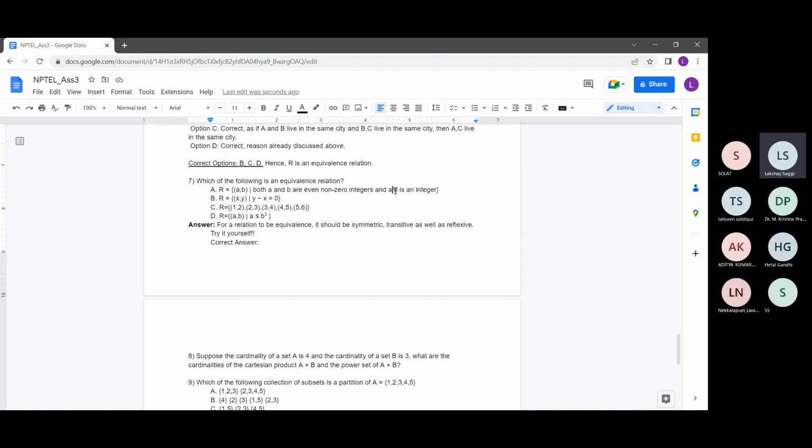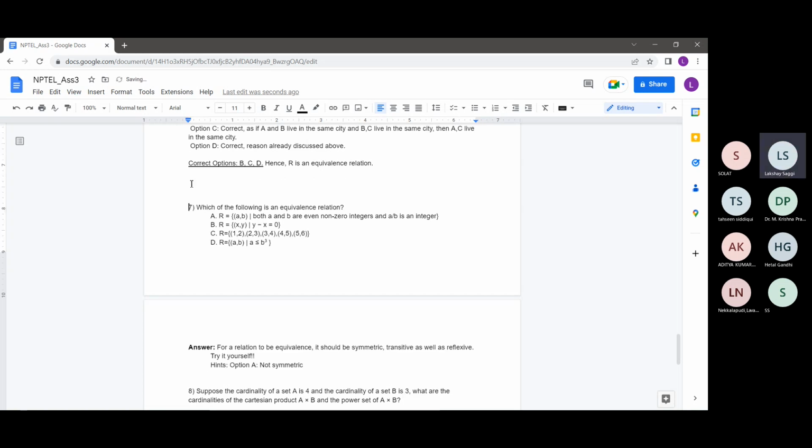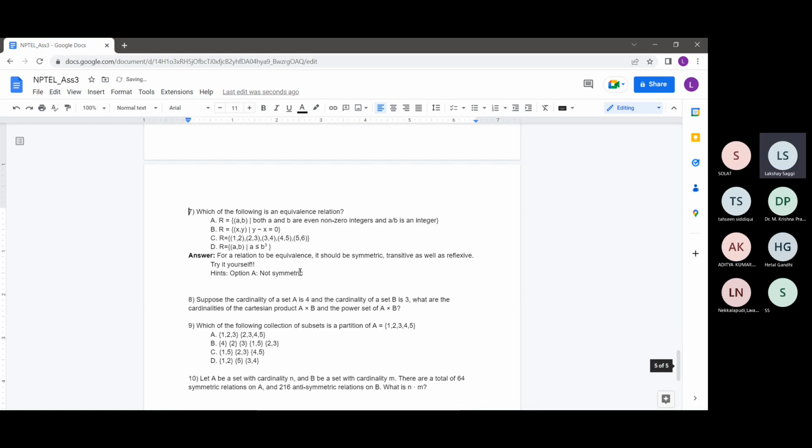Then 4 by 2 is an integer, but 2 by 4 is not. So this relation is not symmetric. Option A is not symmetric.